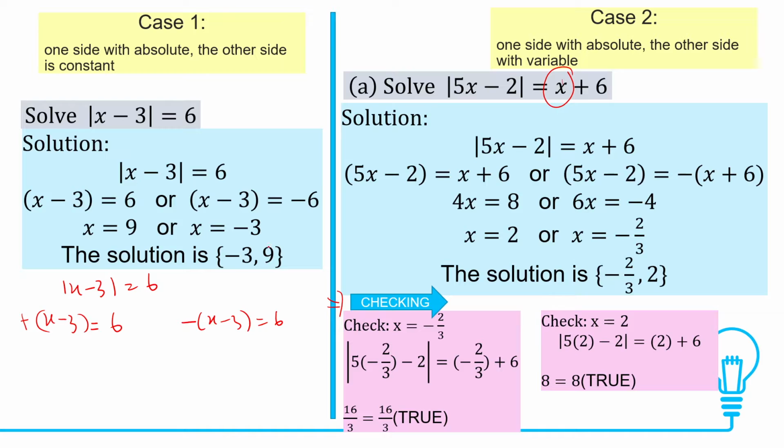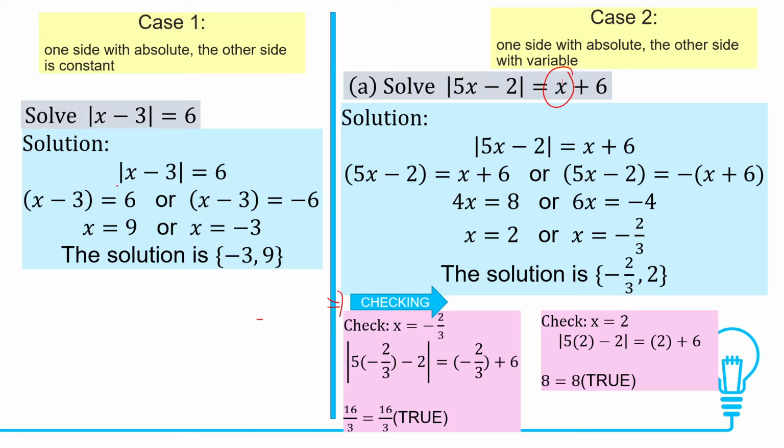But normally what people do is we don't put the positive and negative at the absolute, but we put it on the other side, which is easier. If I shift it to here, it's the same. This is the other way to write the same thing.